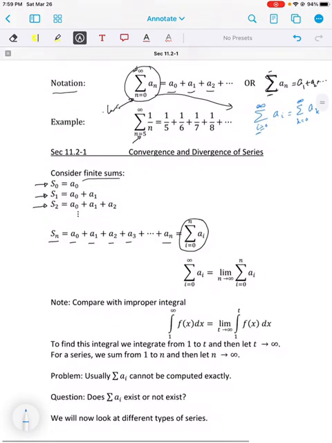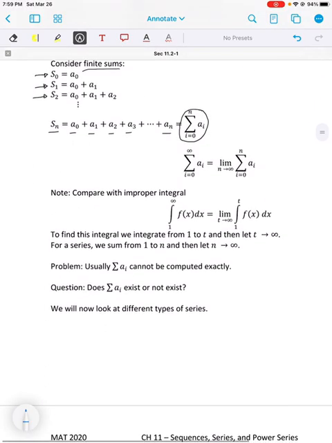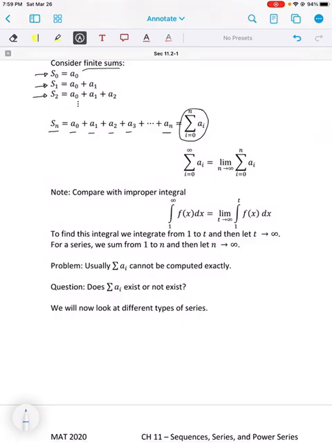Because we are using the n up here, it doesn't make sense to put n here, because then I'm saying n is going from 0 to n. That doesn't make any sense.